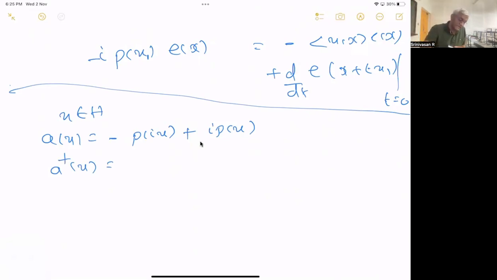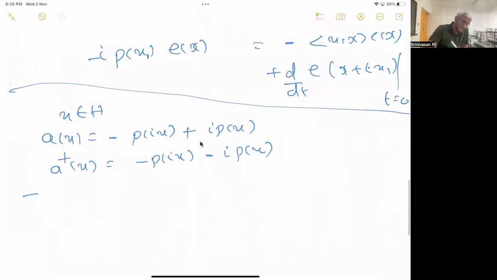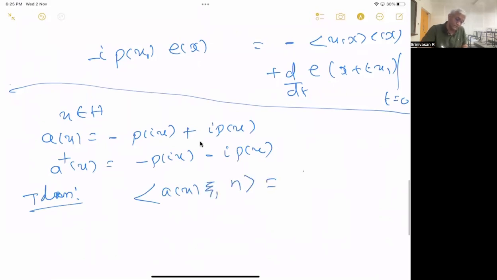Similarly, A dagger of u is equal to minus P of iu minus i times P of u. Then it is clear that <A(u) xi, eta> equals <xi, A dagger(u) eta>.